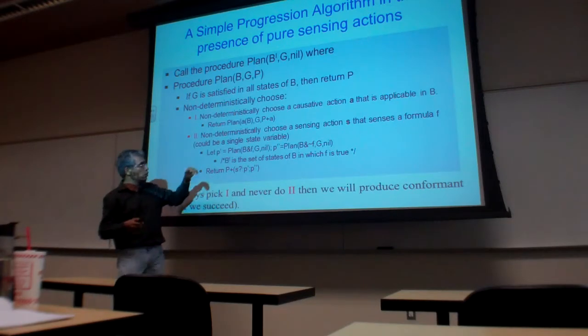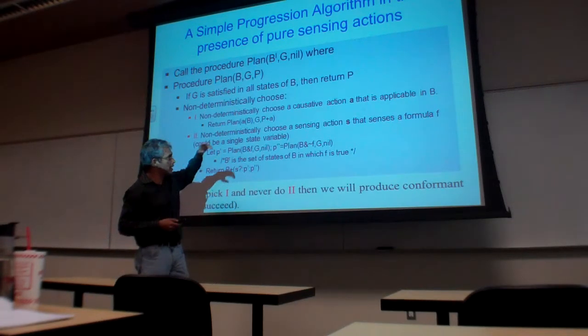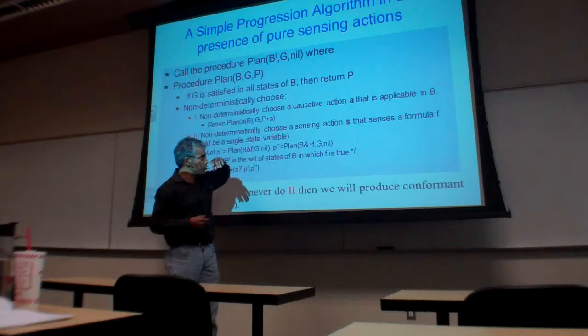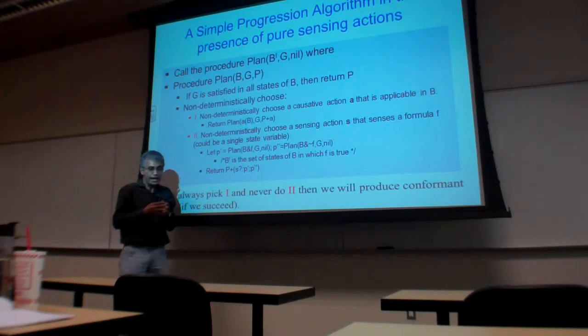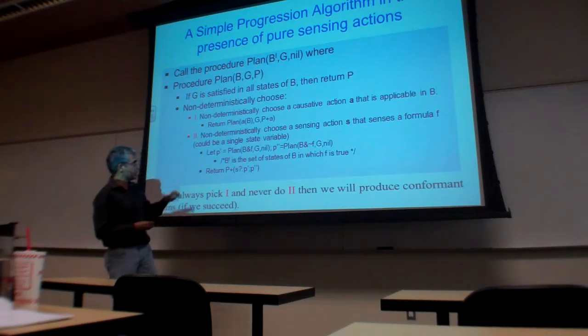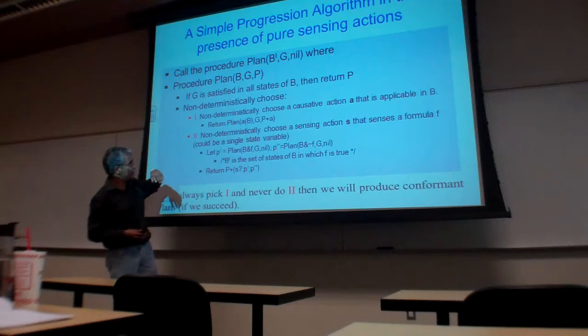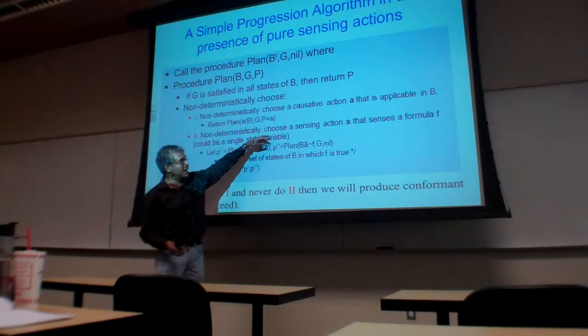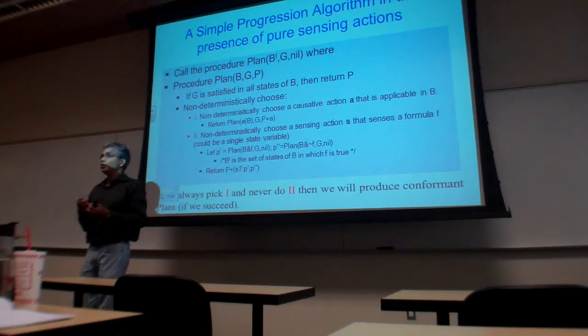So you would select a causative action that is applicable to B, and then apply that to compute the new belief state.